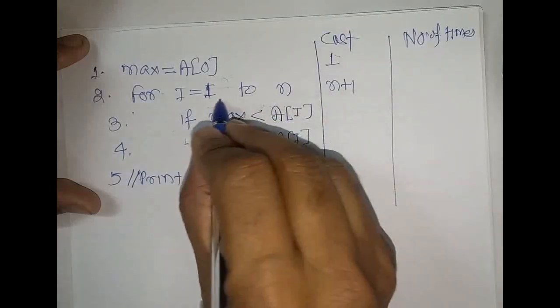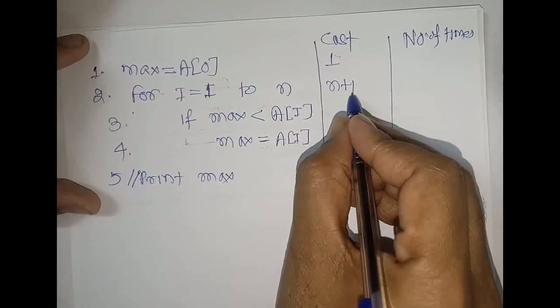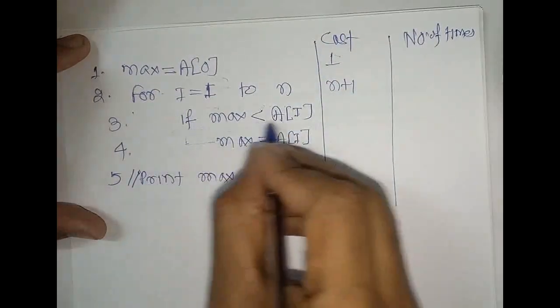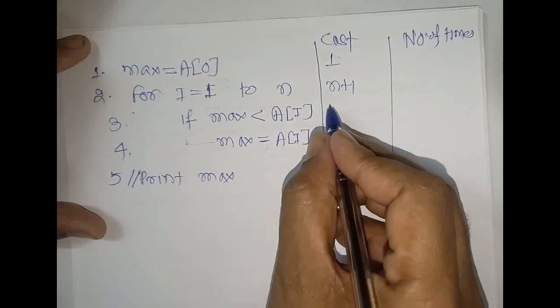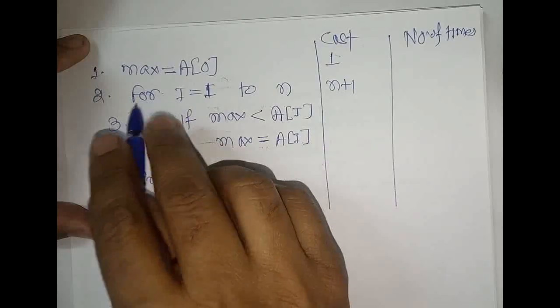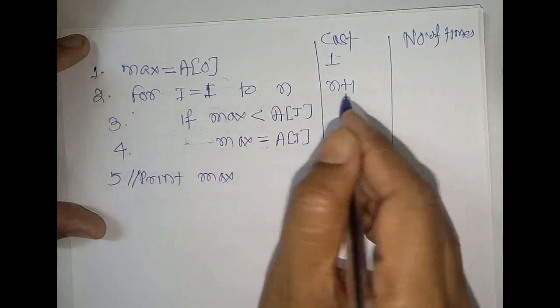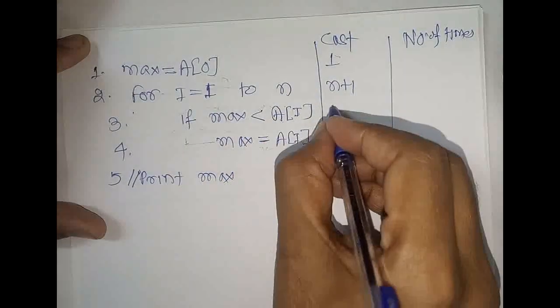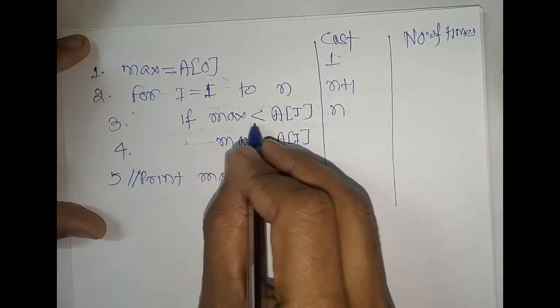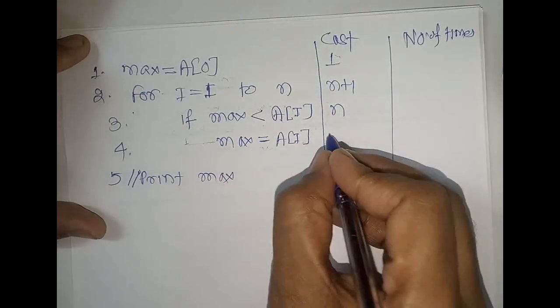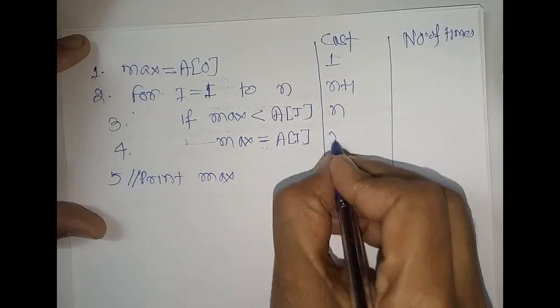So overall it will execute n plus 1 times, and the statement inside this for loop will run one less than the for loop statement. So this comparison will execute n times, and if this is always true, then this will also execute n times.